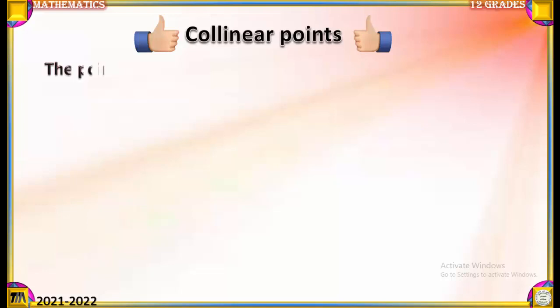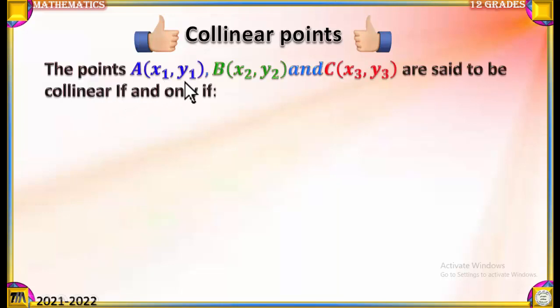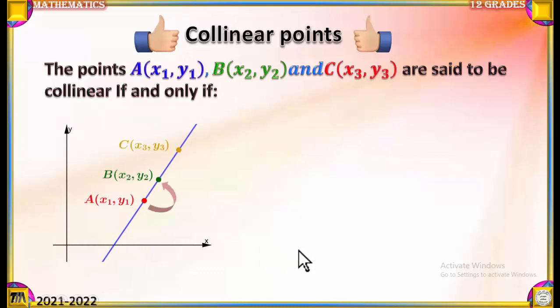Collinear points. The points A(x1, y1), B(x2, y2), and C(x3, y3) are said to be collinear if and only if the slope of the line passing through AB is equal to the slope of the line passing through BC.